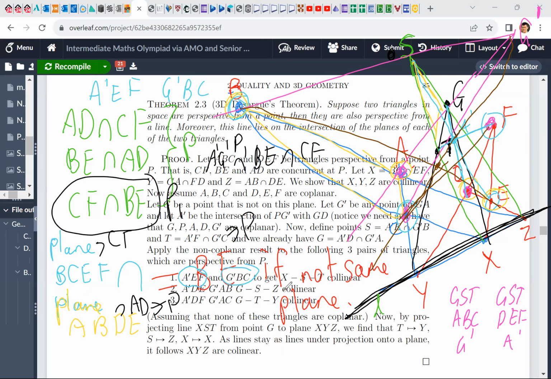So now we have another point P2. I'll write in red now. P2 is again the intersection of A prime G prime, but now with AD and BE. So this is P2.